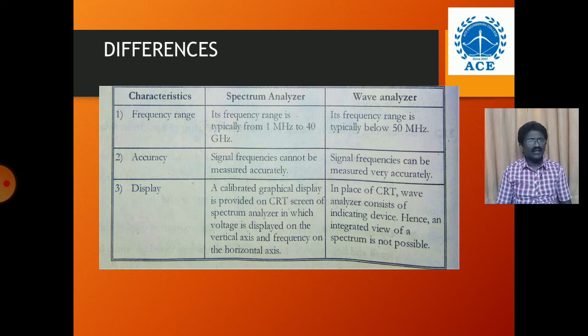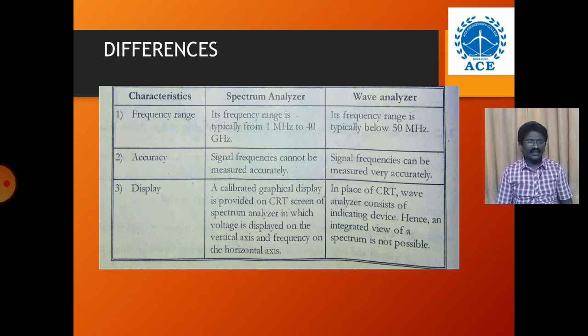With the help of CRO you can display amplitude values on the y-axis and time on the x-axis. But in spectrum analyzer, voltage is displayed on the vertical axis and frequency on the horizontal axis.